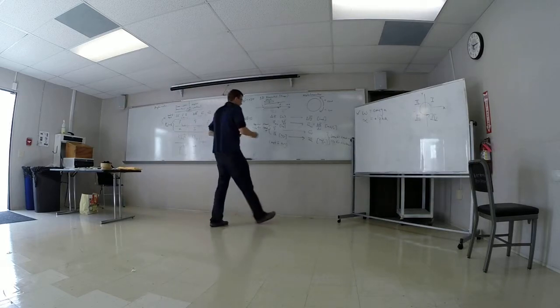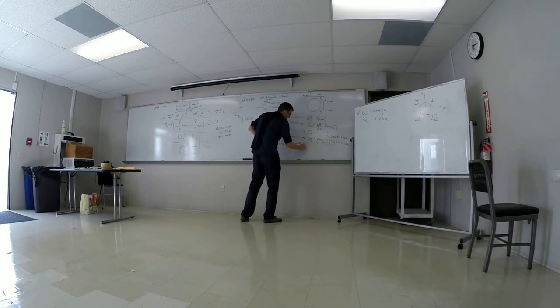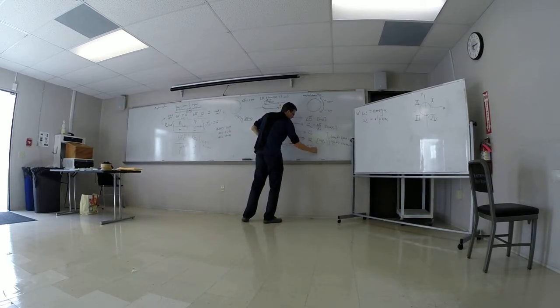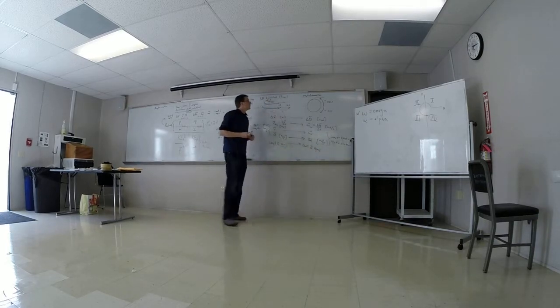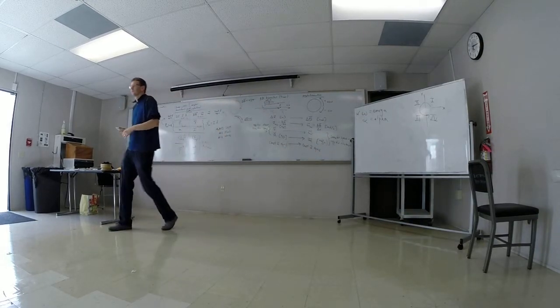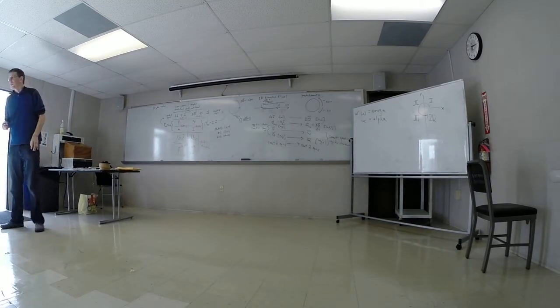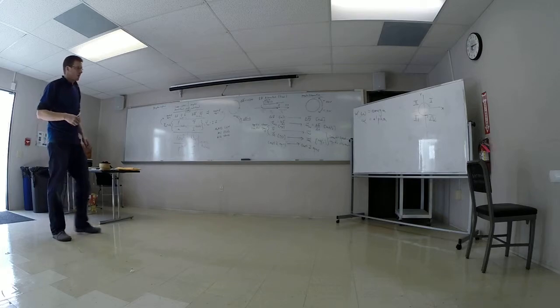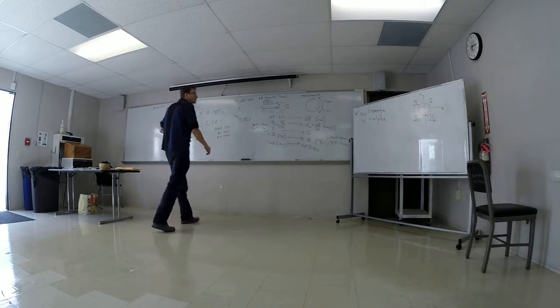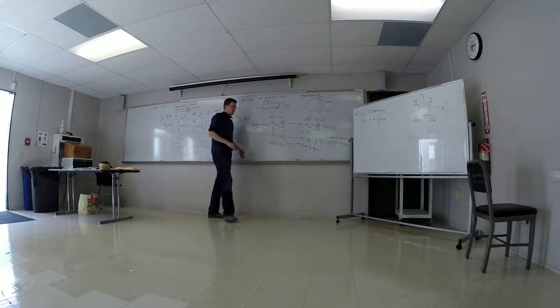We can even write down the constant angular acceleration equations. All you have to do to make these is just copy each thing into its angular counterpart. I guess let me do that over here.